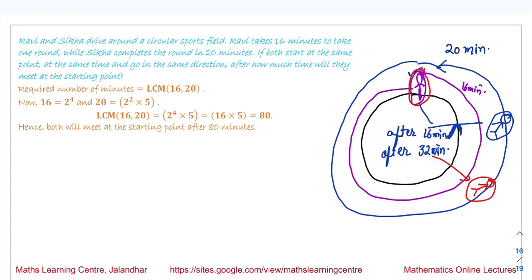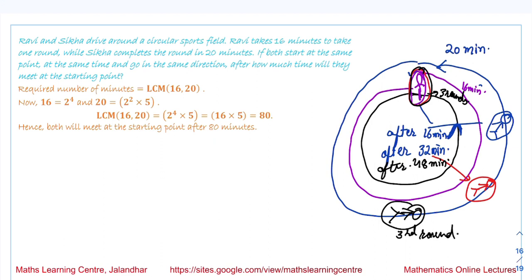Now, suppose I am talking about after 48 minutes. Again, he will be at the same point. He would have completed 3 rounds. And Shikha will be somewhere over here on the third round.